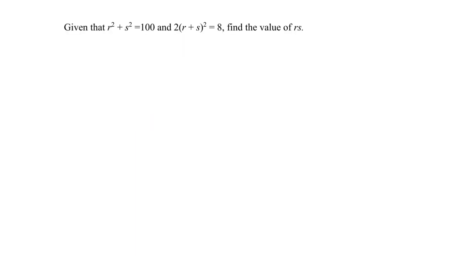Hello everyone, welcome to this video where we are given that r squared plus s squared equals 100, and 2 times bracket r plus s squared equals 8. And we are tasked to find rs. Okay, so let's start with this part here first.